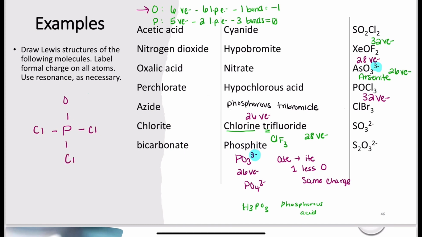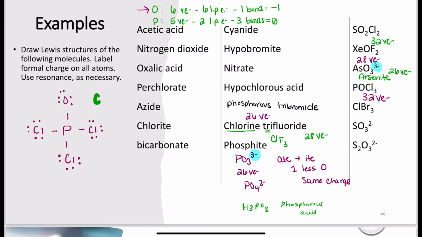Give all of your outer atoms their octet. Check the central atom. It's got its octet. I've used up all 32. Everything has an octet, so let's go ahead and check formal charge.